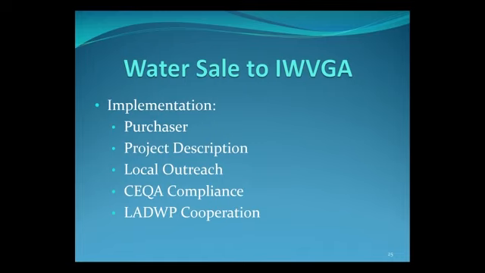And I have no idea whether you want to deliver it to a treatment plant or recharge it in the basin, or how you want to do that. That's completely up to you.